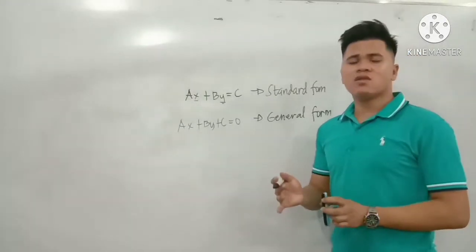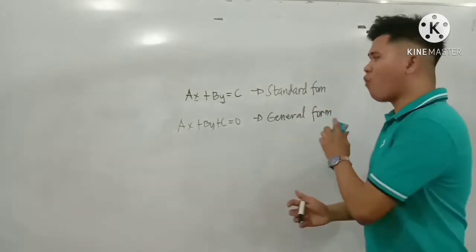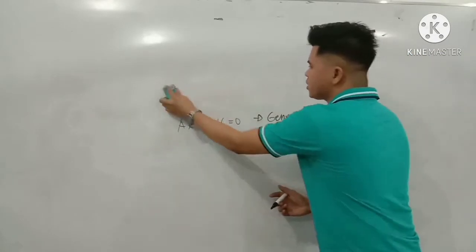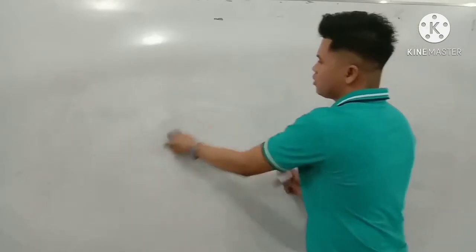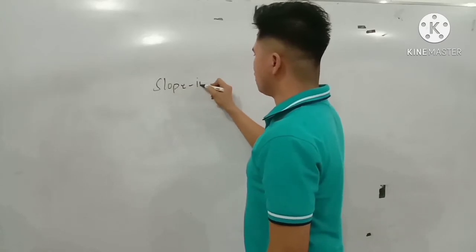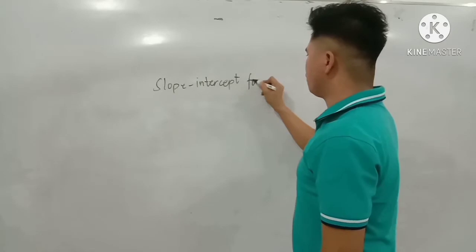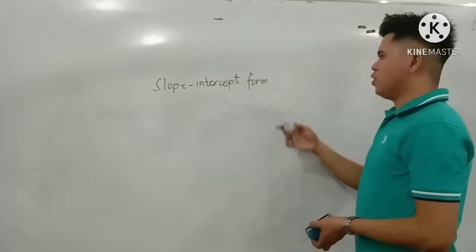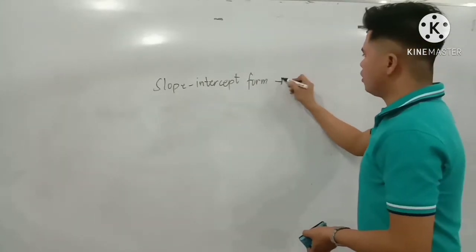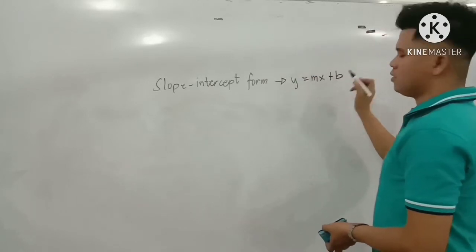In dealing with the equations of the line, there are 4 different forms. First is what we call the slope-intercept form, wherein y = mx + b.